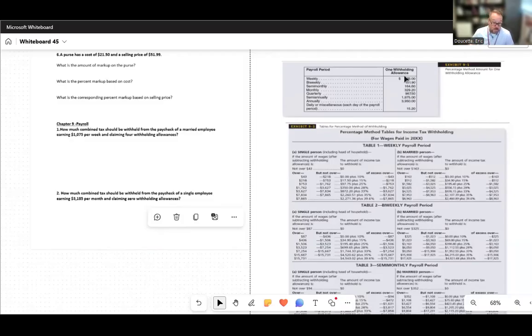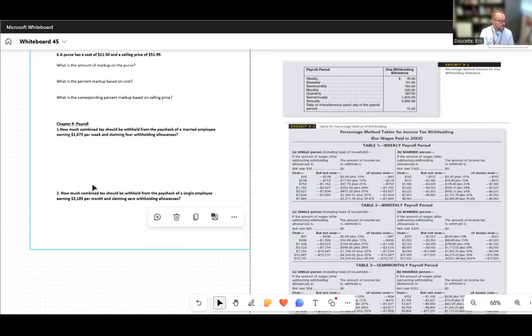If you had 0 on there, then you're going to have no deductions. If you have 1, then it's typically yourself. If you're married and have some kids, it might be 3, 4, 5, or 6, and you can actually claim more than that if you want. They'll take more out of your check every week for taxes, and at the end of the year you might actually get a refund. So it's based off of these tables that we solve all of these problems that deal with the percentage method of payroll.